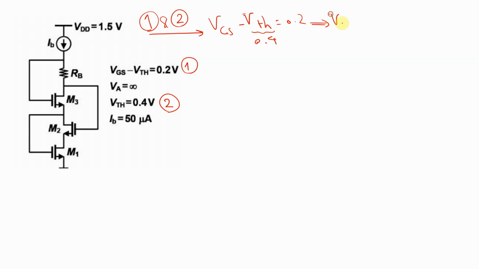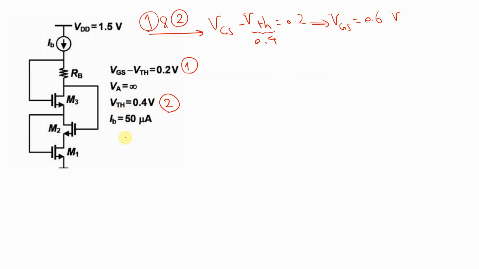So we can get the result for VGS, which is equal to 0.6 volt. This is the VGS for all of these transistors, because this information is the same for all of them. If there were any difference, they should mention it, for example by subscript, like VGS1, VGS2 or something like that, but all of VGS equals this one.